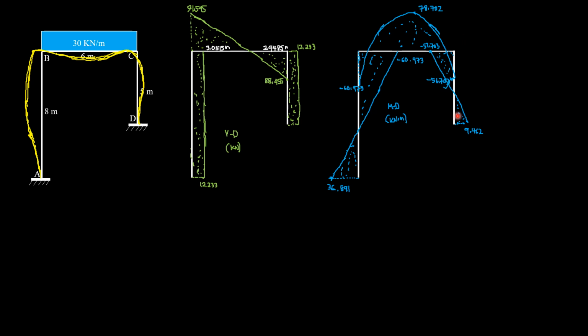Then for this portion, it begins with negative 51.703 plus 12.233 times 5. So we have 9.462 as moment at D, which is correct, positive. So that's the positive direction of moment. So this is the moment diagram in kilonewton meter.